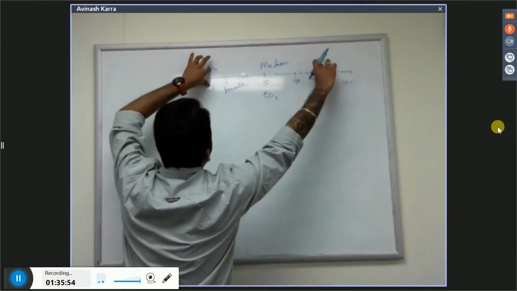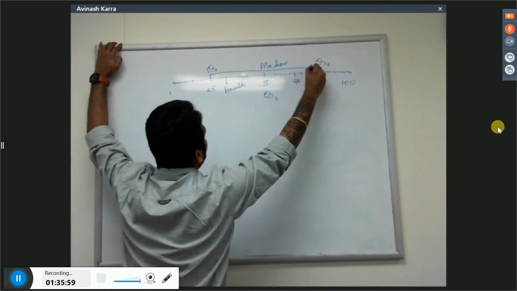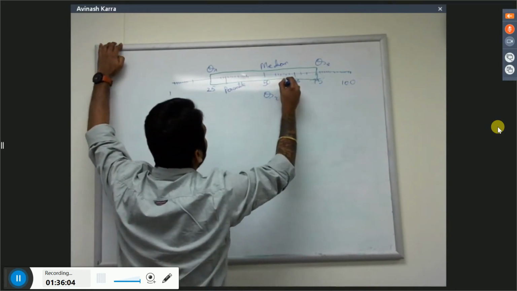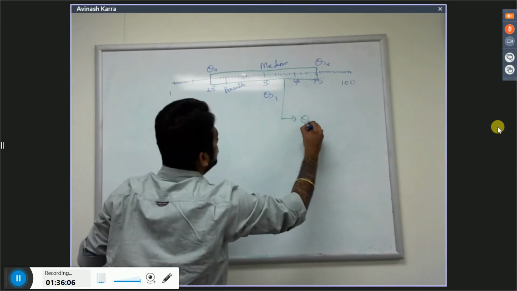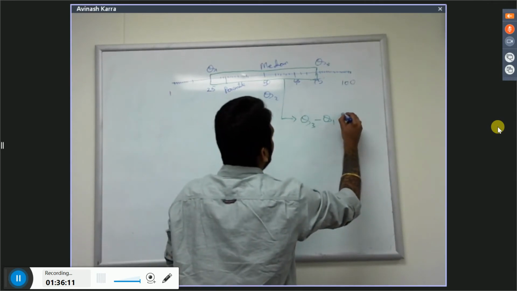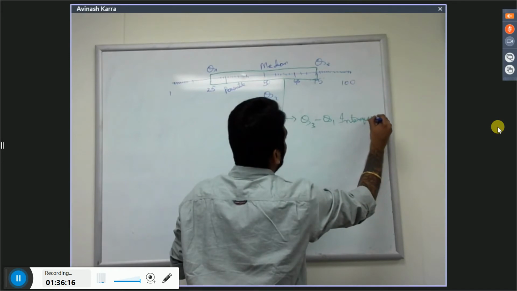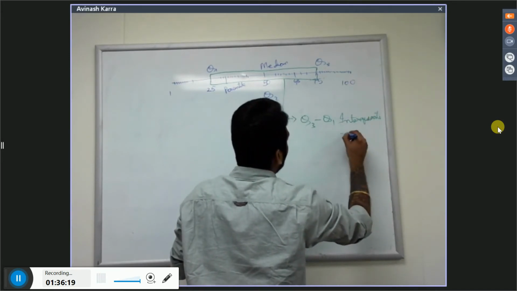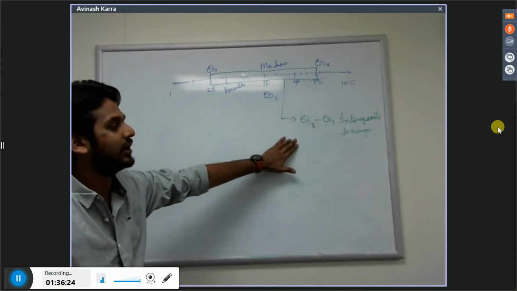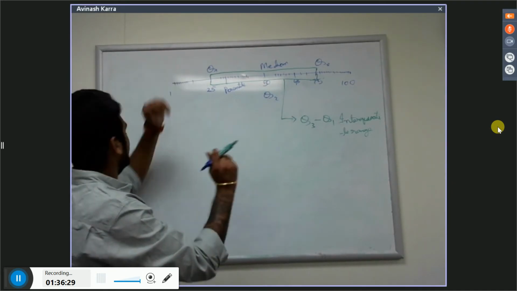So they got this value. Q3 minus Q1 is called the interquartile range. Okay?